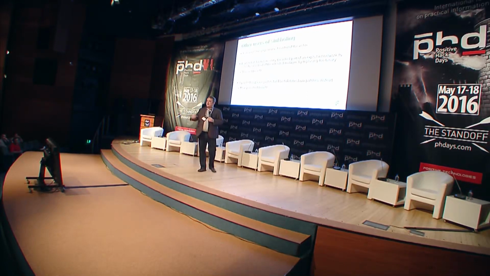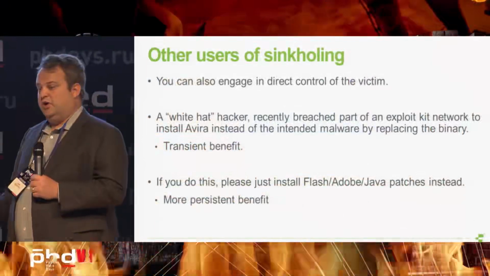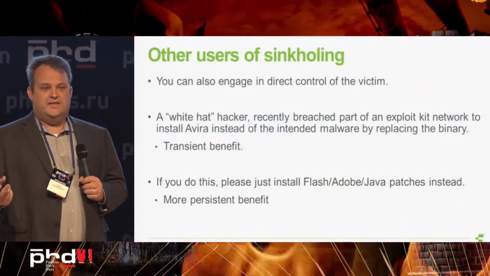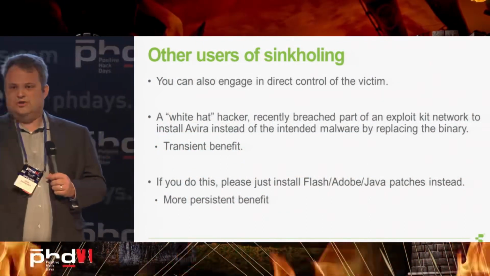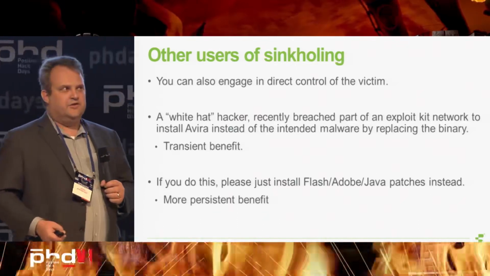The second part is pushing software down to the end victims. This has happened, I think, twice so far this year, where somebody has gotten a foothold in malicious infrastructure, and then instead of pushing ransomware or whatever it was designed to push, they pushed Avira antivirus.